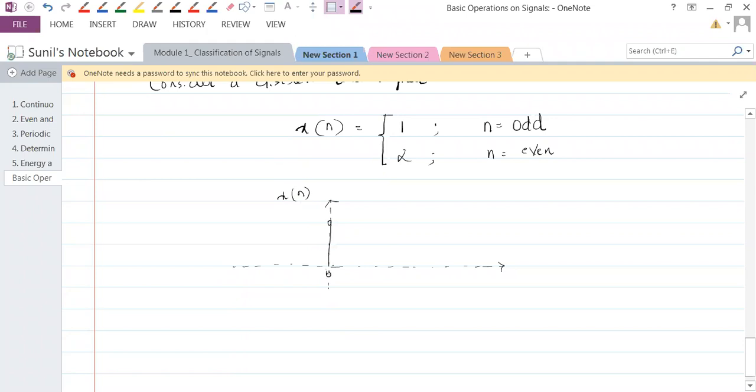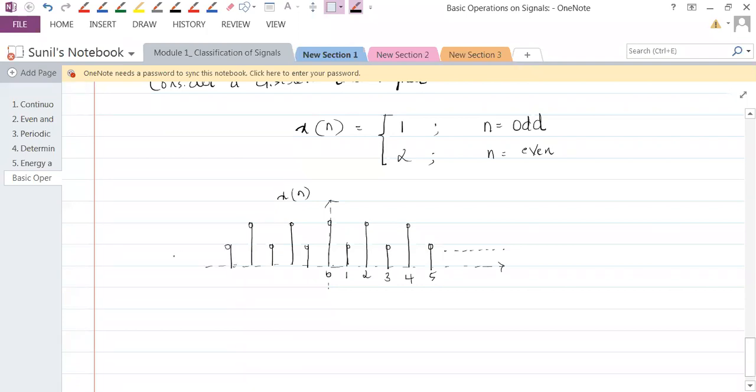At 0 it is 2, at 1 it is 1, at 2 it is 2, at 3 it is 1, at 4 it is 2, at 5 it is 1. That means this will keep happening on the right hand side as well as on the left hand side. So this is how it looks on both the sides.